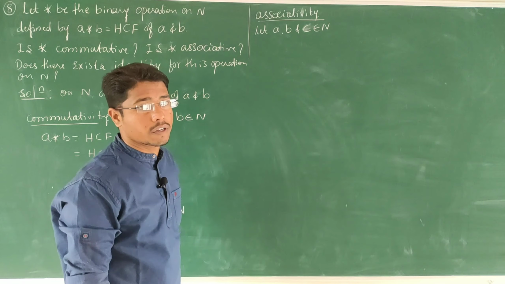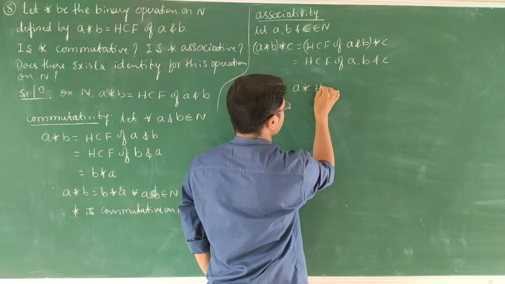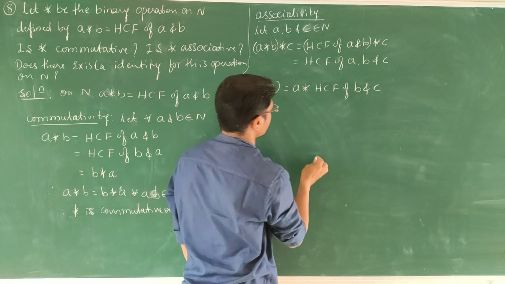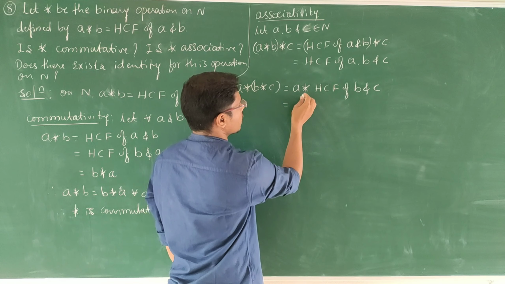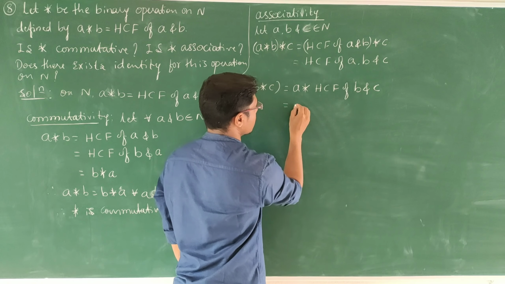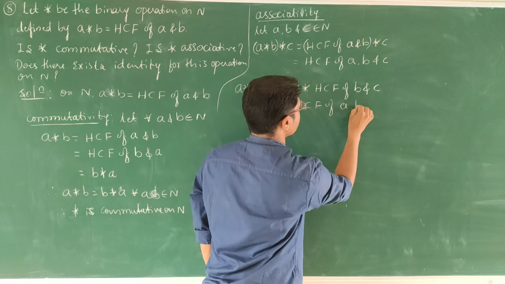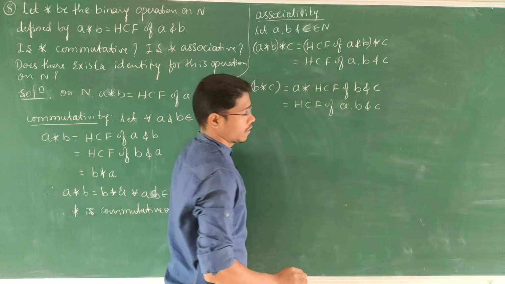Okay, so that is one side; now check the other side. That is A star (B star C), which we have to solve. That is the HCF of B and C. So this is equal to A star the HCF of B and C, that is the HCF of A, B and C, right?